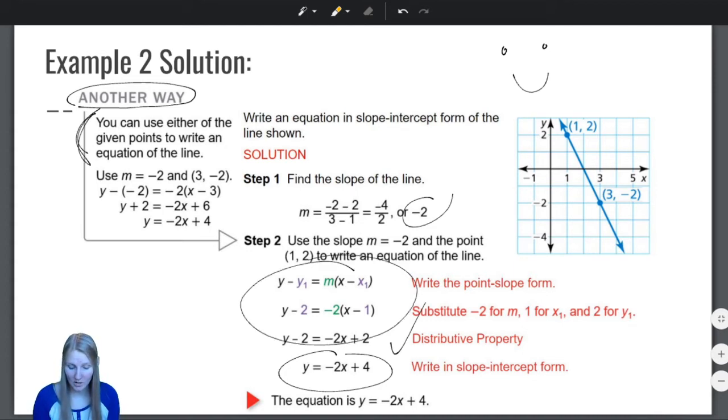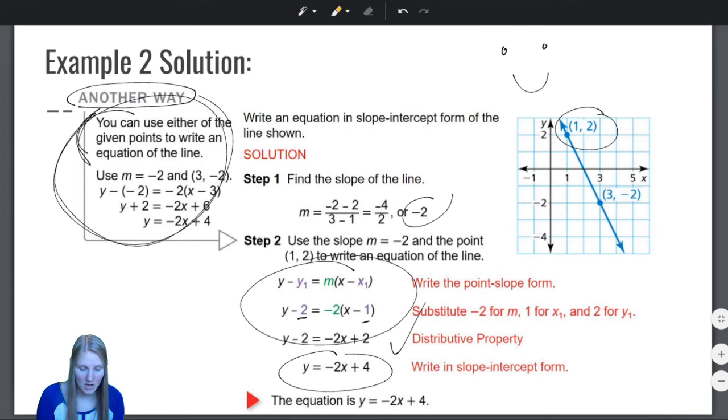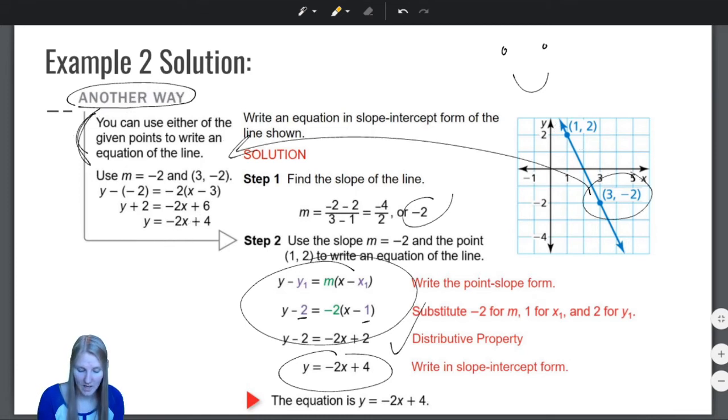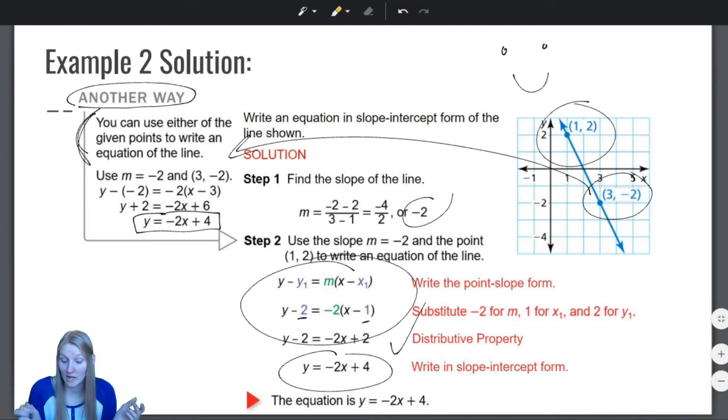So here they picked 1, 2, just like we did, but up here they use the point 3, -2. And you can see that they get the exact same answer. It does not matter which point you use. You will get the same answer. So don't worry about knowing which point to use. You can use whichever one you want.